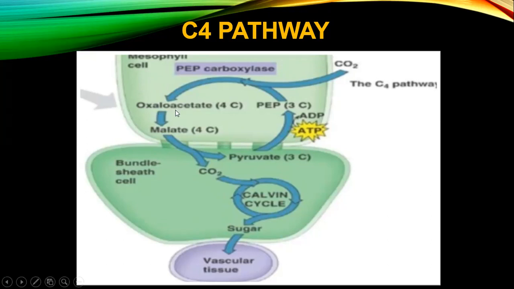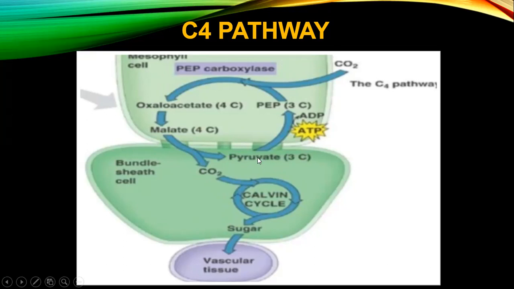Then oxaloacetate is further converted into malate. Malate is once again a 4 carbon molecule. Now this malate passes into the bundle sheath cell. In the bundle sheath cell, from the malate, carbon dioxide gets removed and it is converted into pyruvate. Obviously, carbon dioxide is removed, so once again it changes into a 3 carbon molecule, which is called pyruvate.